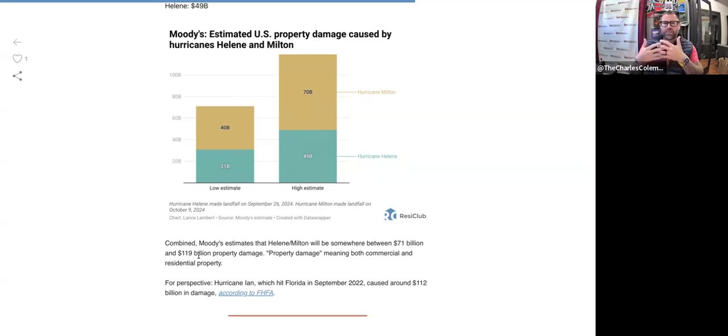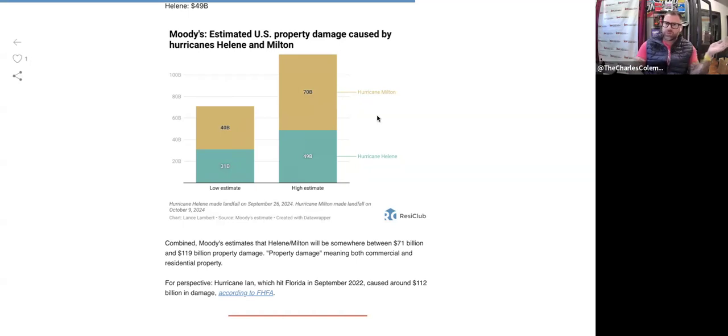If you can't get insurance in an area because the costs are too high, and insurance companies are just like, hey, look, we're not insuring these areas anymore, we can't recoup our cost, it is not worth us to be in this area, and they start getting out. And then maybe the state or some kind of private companies start jumping in. What we're going to see is these values start going down, which is going to impact a lot of these areas.